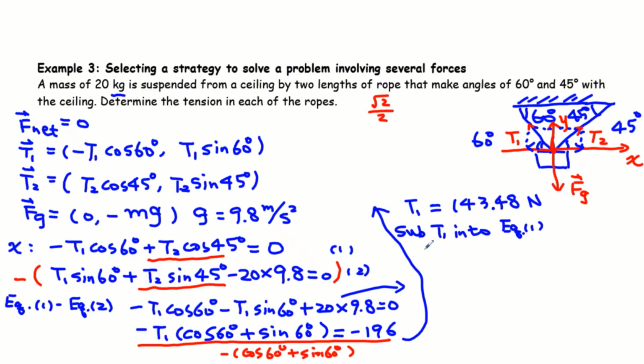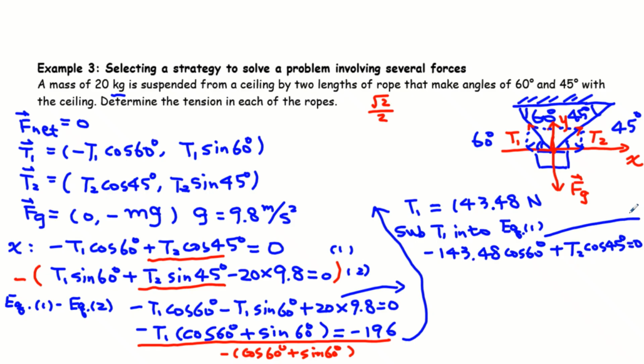We have negative 143.48 times cosine 60 plus T2 cosine 45 equals 0.